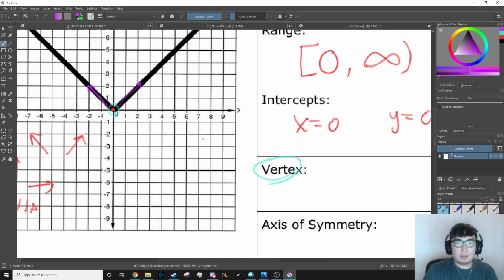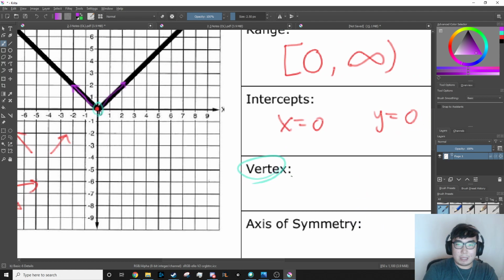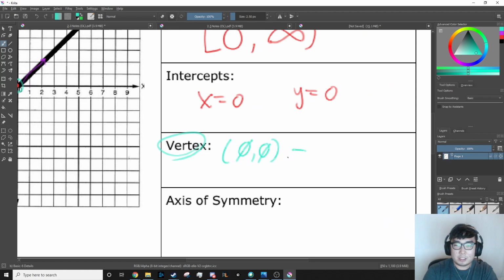It's like the turn. So this vertex, that coordinate, we write it as an ordered pair. I guess I should write it in the teal color. The ordered pair is 0, 0. And I'll write it like this, (0, 0), so that you know that this is an ordered pair. This is not an inequality. This is an ordered pair.